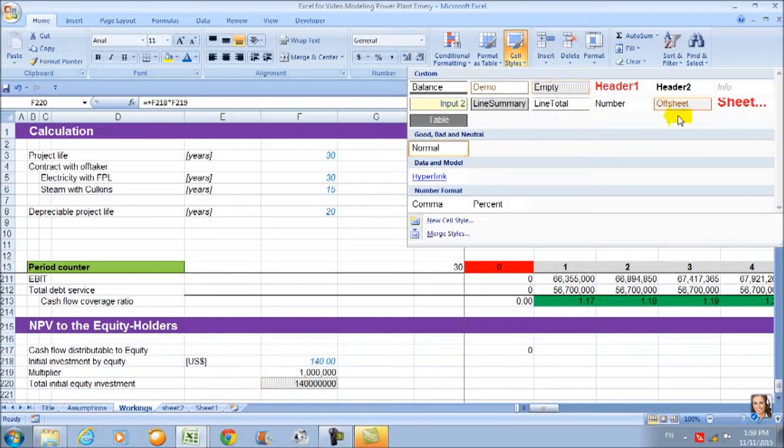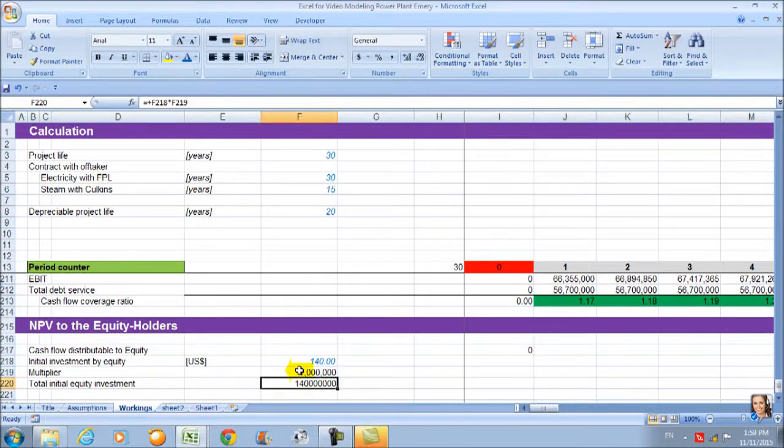I don't know whether we have this. No, we don't have that, so I just link it. So this is -1, I put red, and then you just times this one, and then you just times the initial investment.